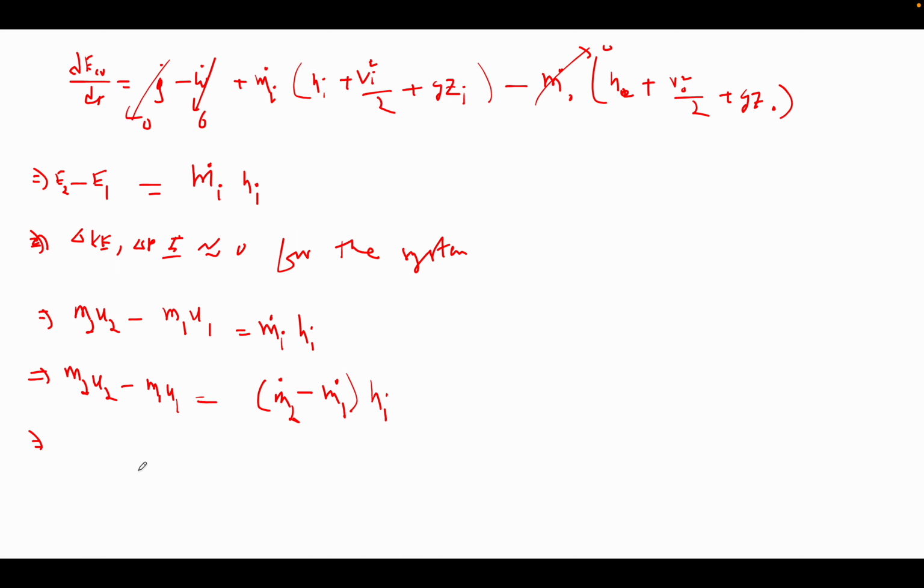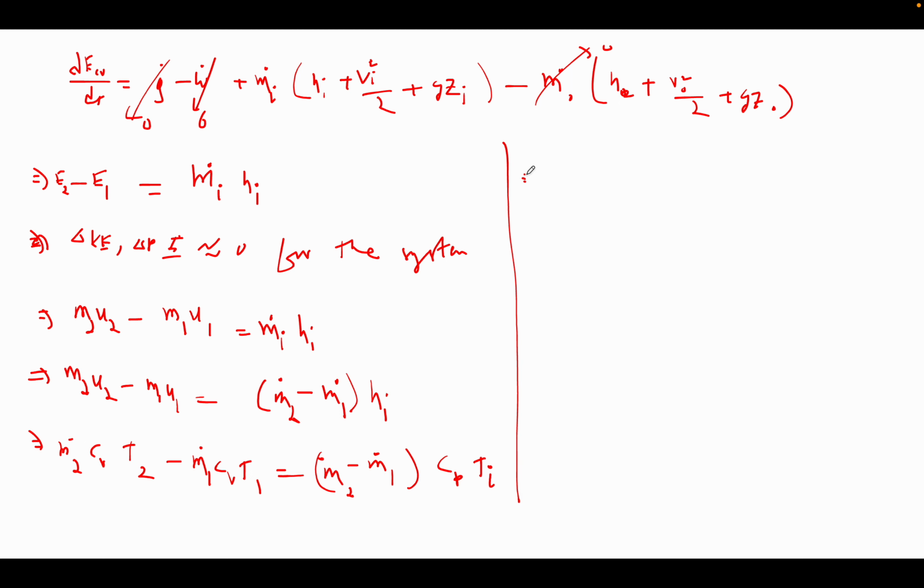Now for an ideal gas we know that u is equal to c_v T, so m2 c_v T2 minus m1 c_v T1 will be equal to (m2 minus m1) times c_p T_i.